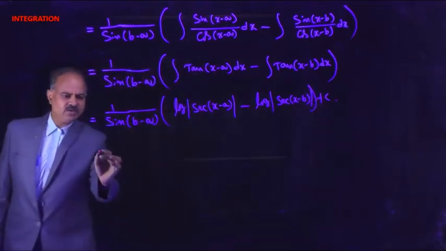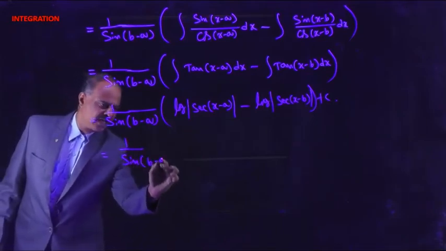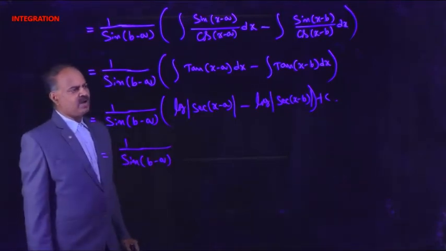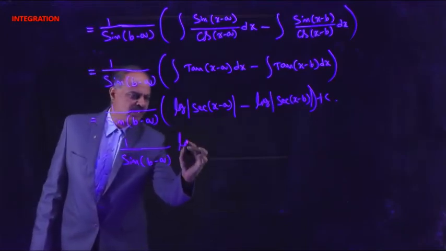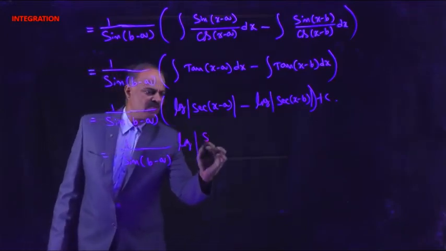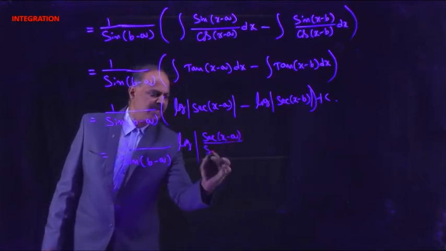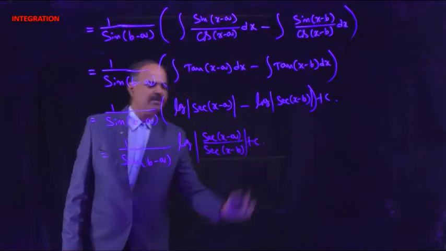Now this equals 1 by sin of (b minus a) into, now this is of the form log a minus log b, right, log a by b. So that equals log modulus of secant (x minus a) by secant (x minus b) plus c.